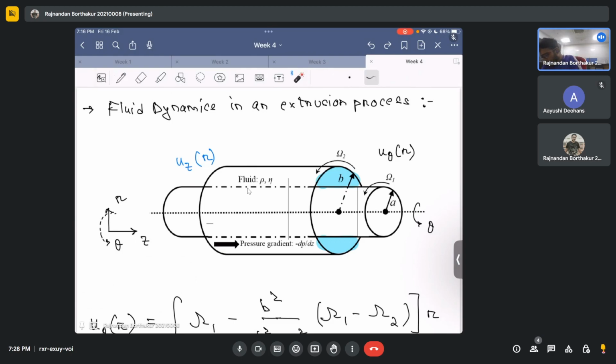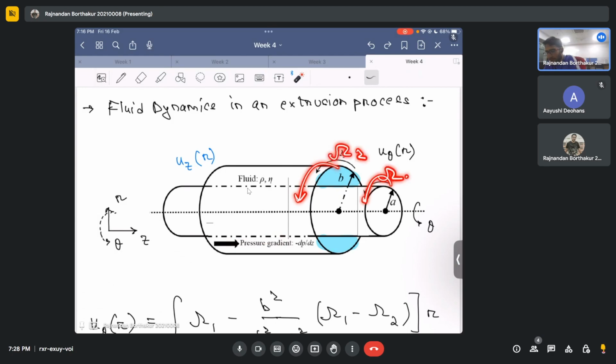Let's begin by understanding what we did in the last week's problem. There was an axial pressure gradient, and the two cylinders were rotating with angular velocities omega2 and omega1, where these omegas are angular velocities with the magnitude of radian per second. The radii of these two cylinders were A and B. The fluid was in the concentric area of these two cylinders, and in order to drive the fluid axially, there was an applied pressure gradient.